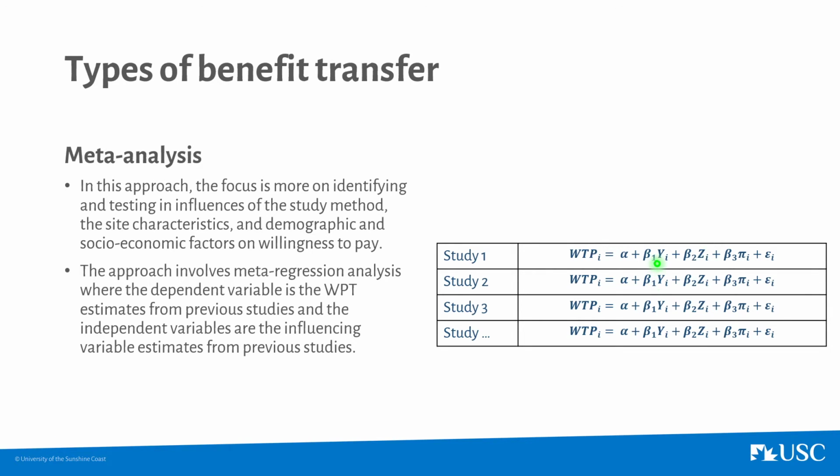What can we say about the influence of income on willingness to pay for green energy? So it's not producing the willingness to pay value, it's producing a bigger analysis, a meta-analysis of the influence of these different factors on willingness to pay. And that can be useful as well.